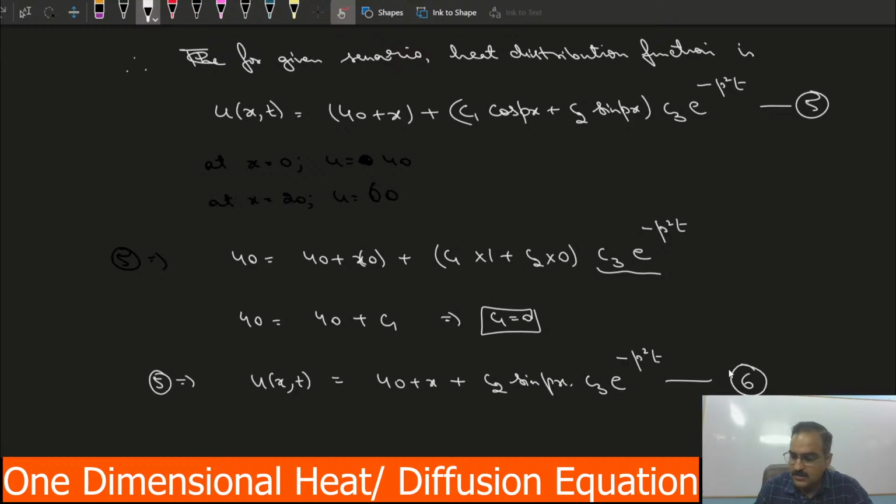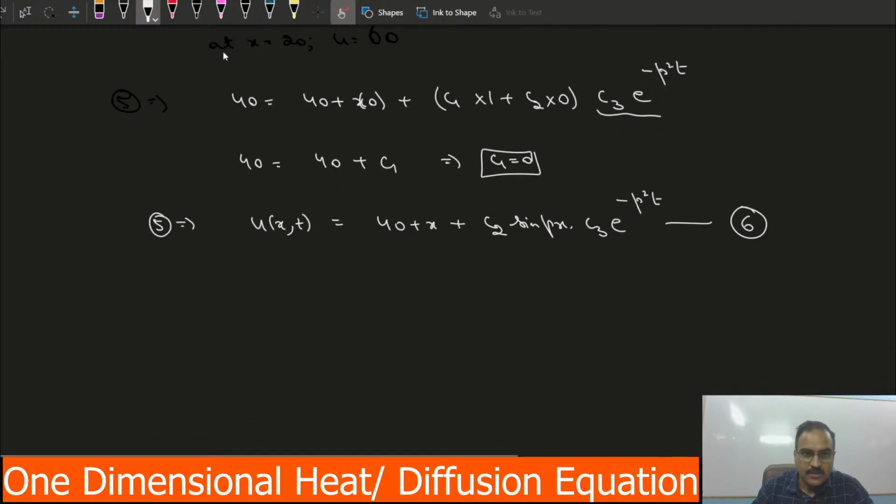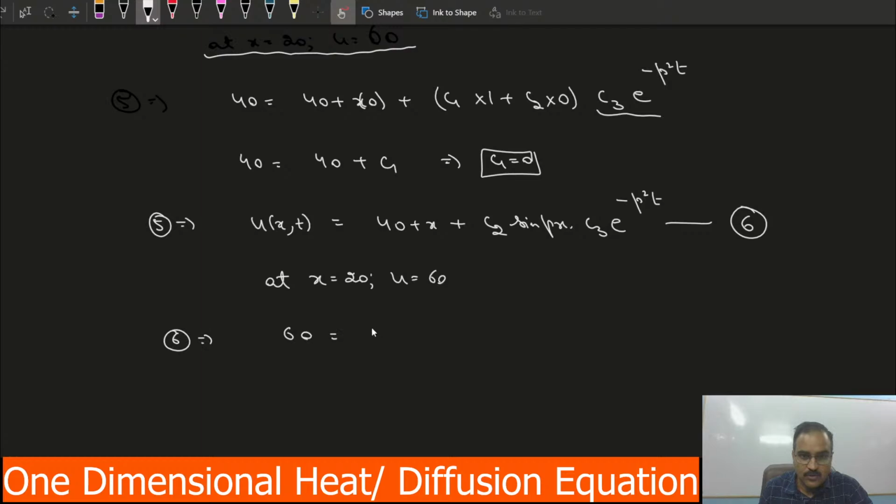Next boundary condition, that is at x equal to 20, u is equal to 60. So that means equation 6 reduces to 60 is equal to 40 plus 20 plus c2 sine of px c3 e raised to power minus p square t.